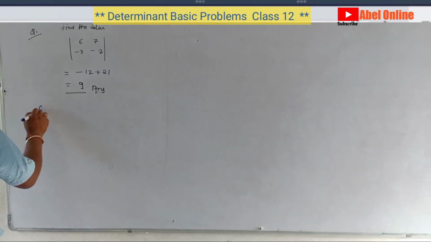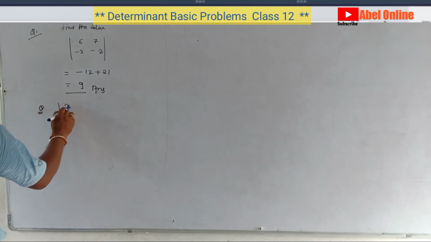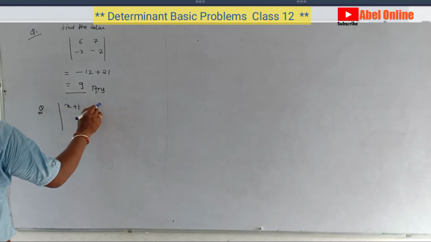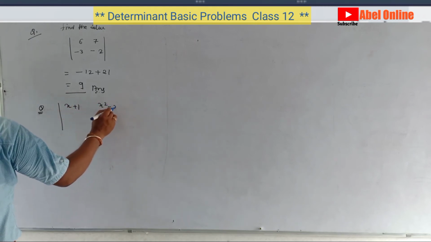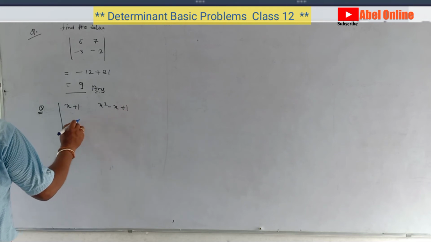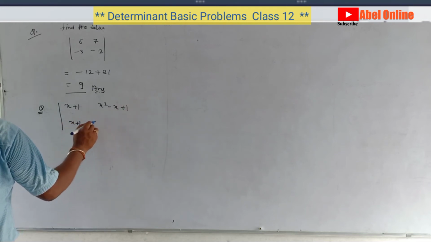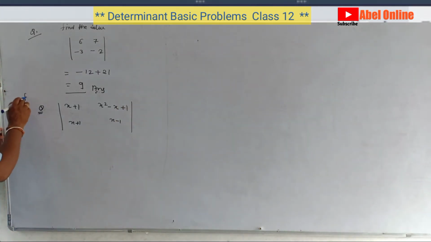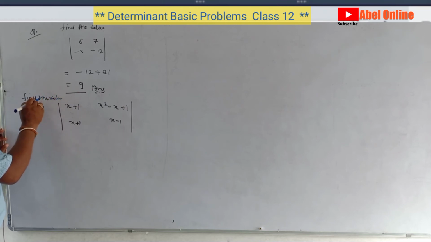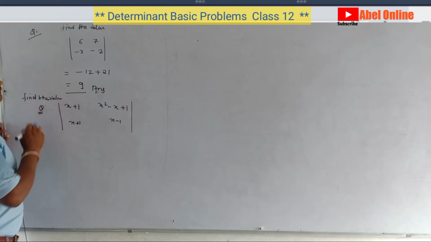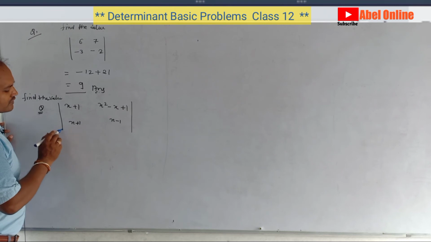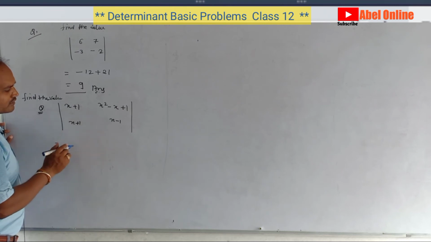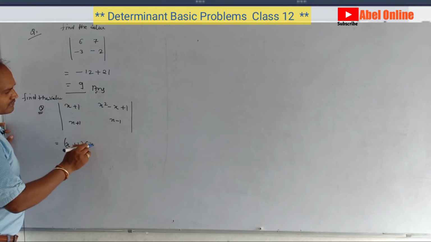The next question is: find the value of x plus 1 multiplied by x square minus x plus 1, and x plus 1 multiplied by x minus 1.